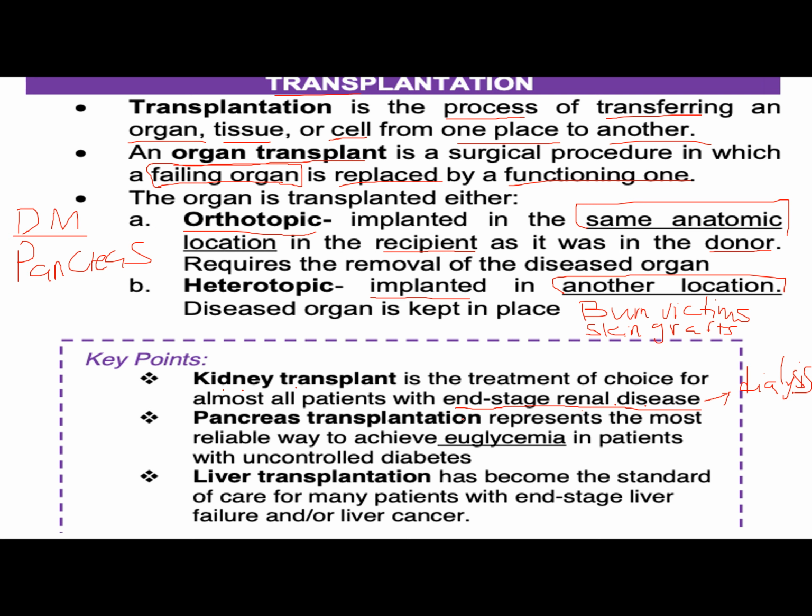For pancreatic transplantation, it represents the most reliable way to achieve euglycemia. When you say euglycemia, normal glucose levels or normal response to glucose in patients with uncontrolled diabetes.